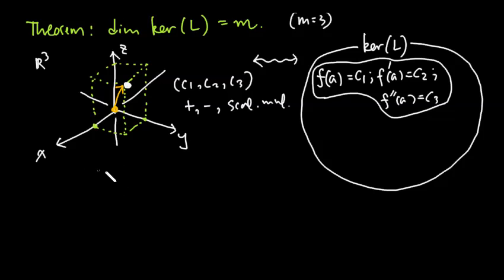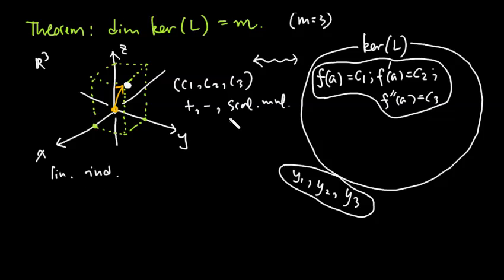Again, there are these y1, y2, y3. I hope you remember those special functions that we talked about in this three-dimensional space, but that's not always something that's available to us. So whatever three things are available to us, as long as they're linearly independent in this three-dimensional space, you can use those three things instead of these special ones to generate everything.